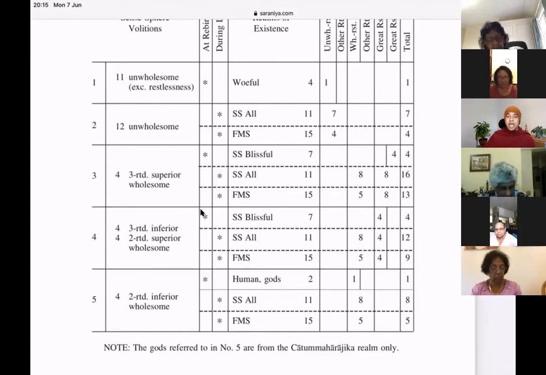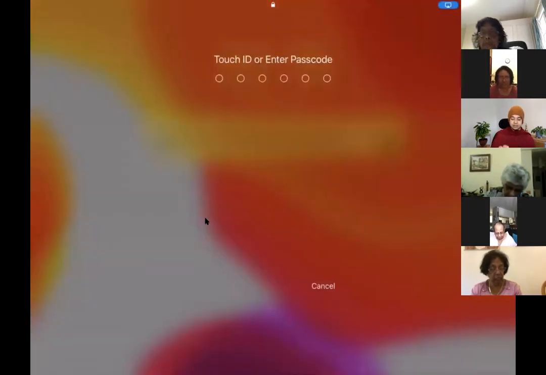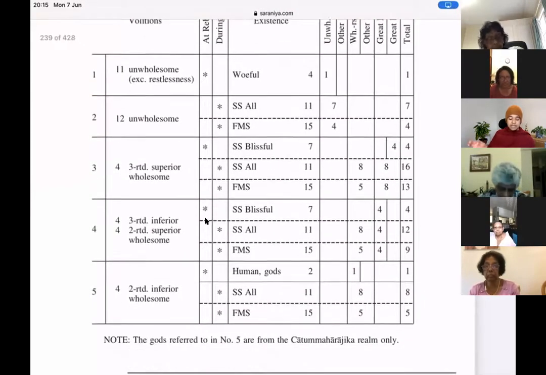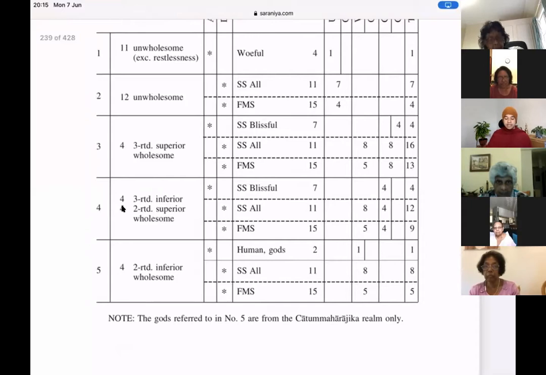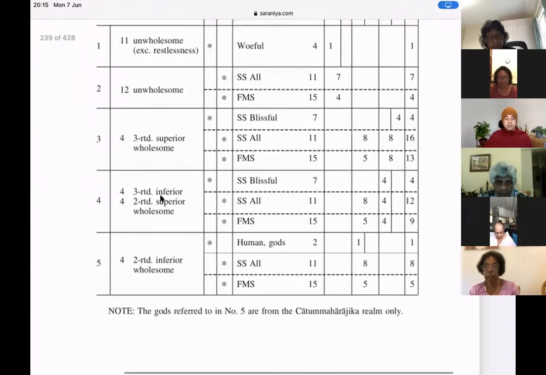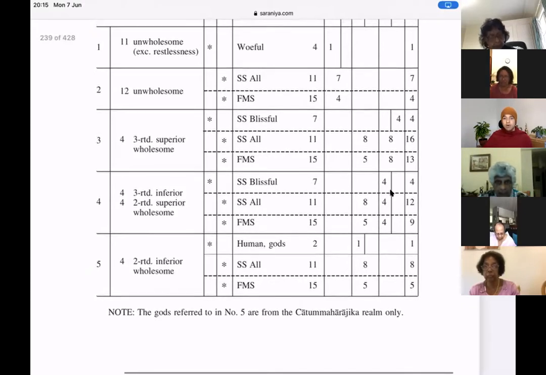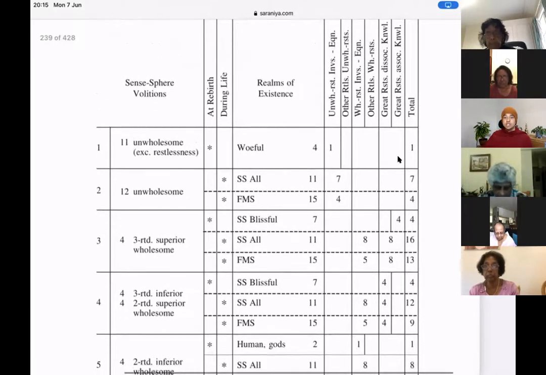Okay. Now, at the time of rebirth, we find ourselves where this category can give rise, within the sensuous blissful 7, excluding the woeful plane, through 4, which is of the great resultant dissociated from knowledge.